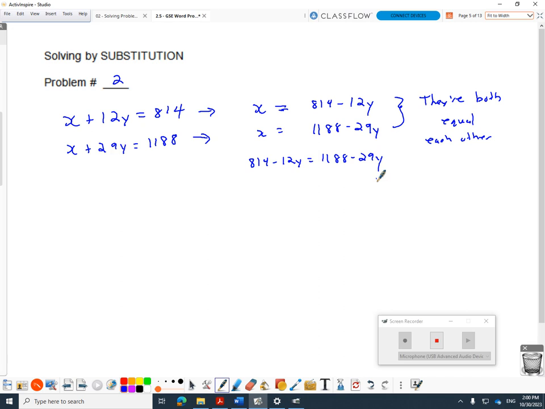The 814 is positive. So when I move it over to the right side, what happens to it? It changes over, yeah. So now it becomes negative 12y equals 1188 minus 29y, now minus the 814.